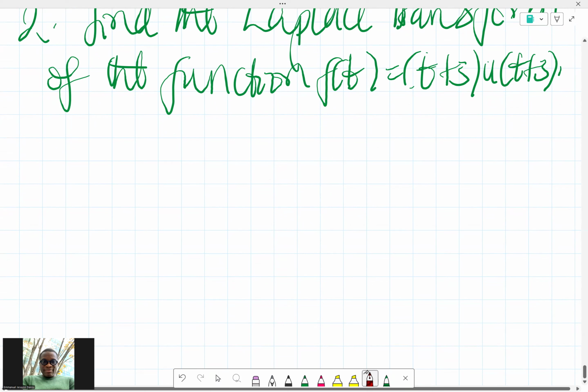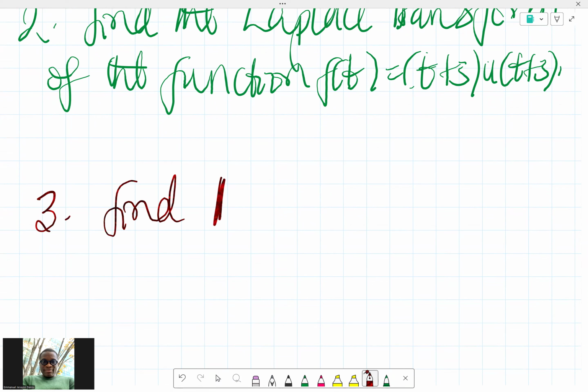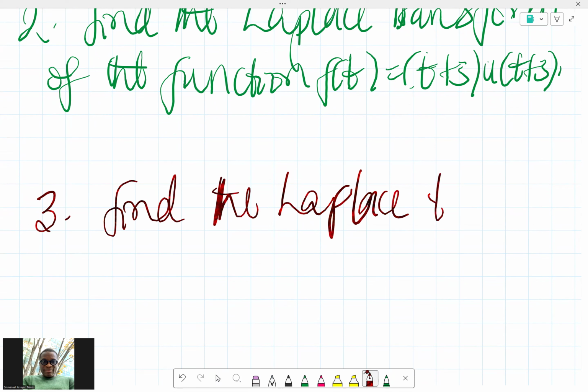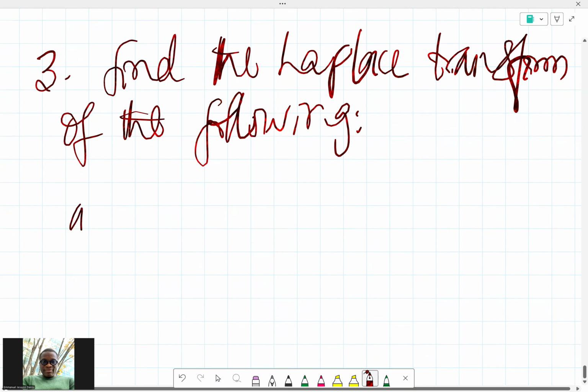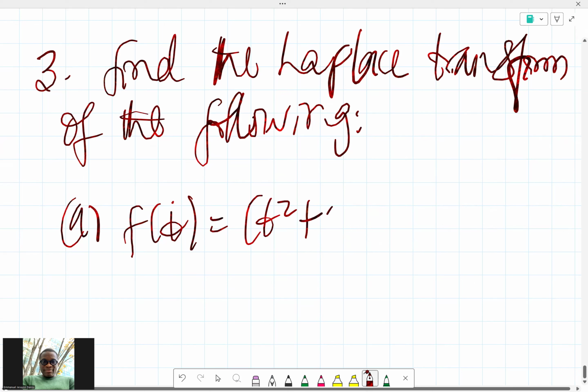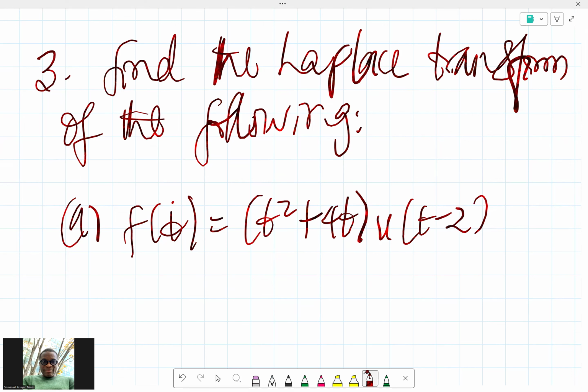Then number 3, find the Laplace transform of the following. A, f of t is (t squared plus 4t) u(t minus 2).